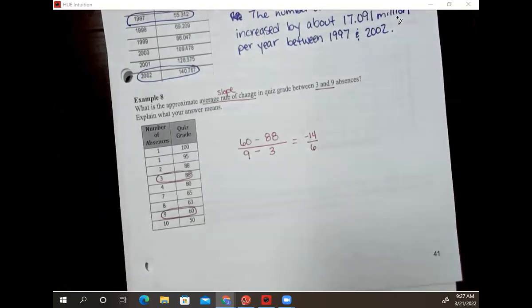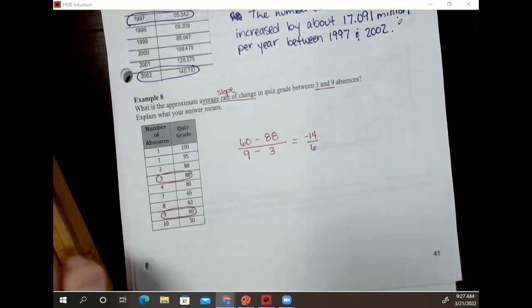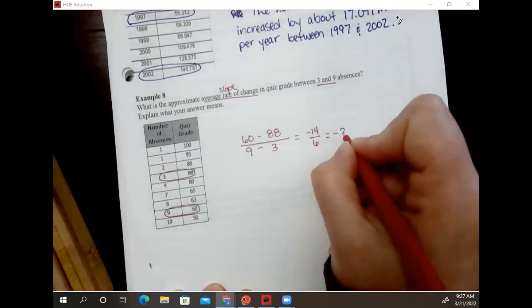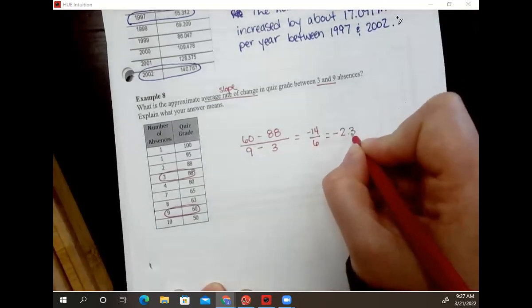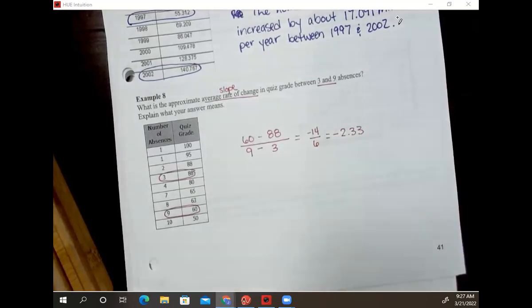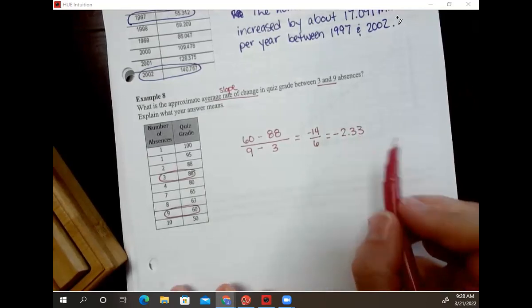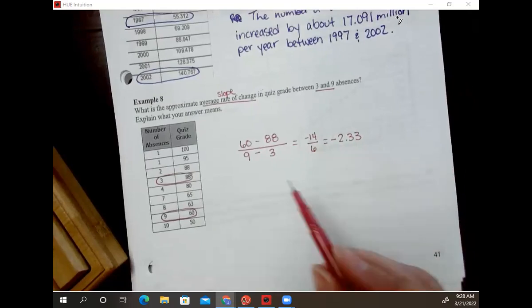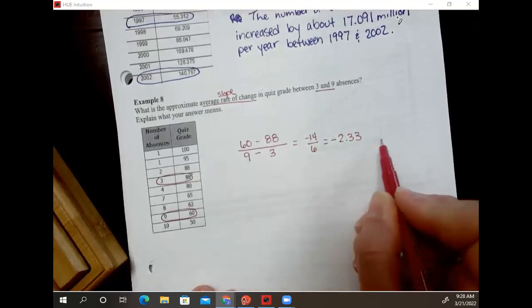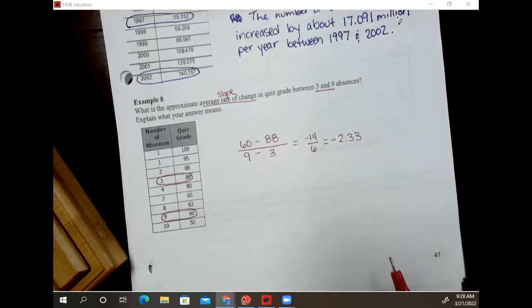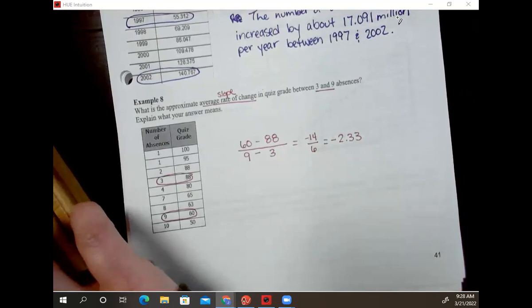And when I divide, we get negative 2.3 repeating. So what this is telling me is that as you miss more days, 60 minus 88, oh, that should be 18.